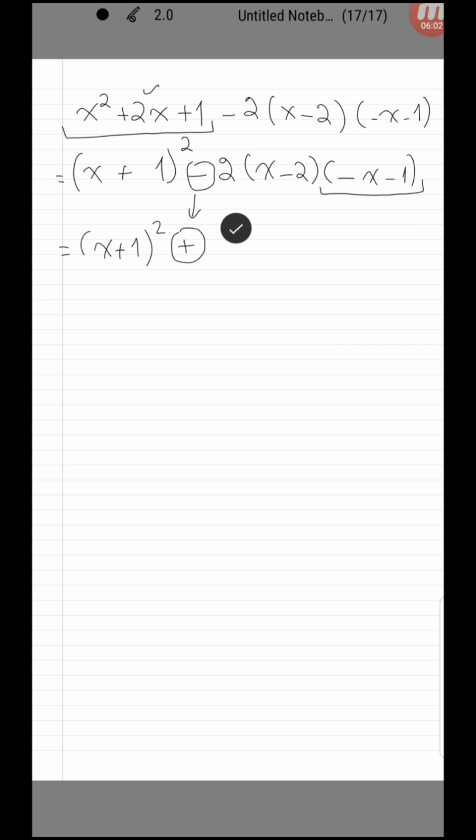Now 2x minus 2. Since I took minus as a common factor, minus x minus 1 will become x plus 1. Now I have a common factor, which is x plus 1.